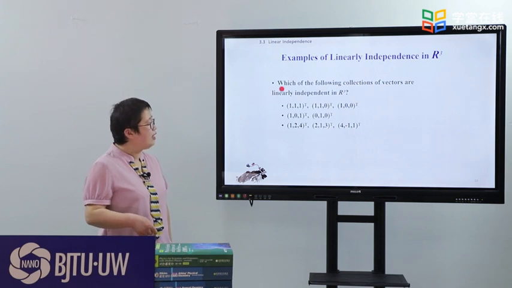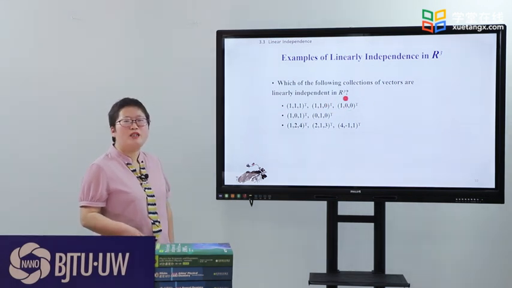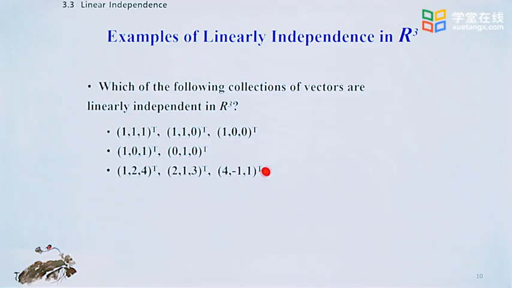So to check whether they have a non-trivial solution or not, you just solve the homogeneous linear system. These three vectors, in fact, are linearly independent. You can check later. It should be c1 times this one plus c2 times this one equals 0. You can find what c1 and c2 are. You must have c2 equals 0 and c1 equals 0.